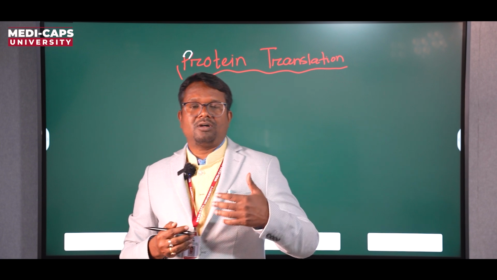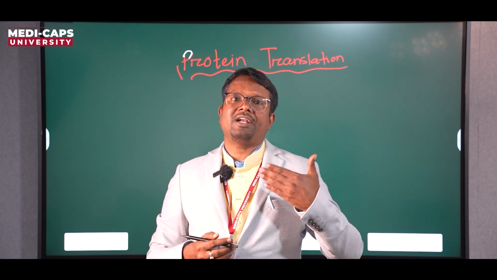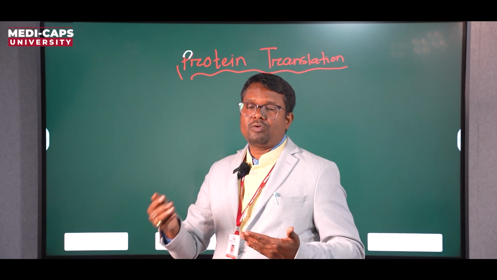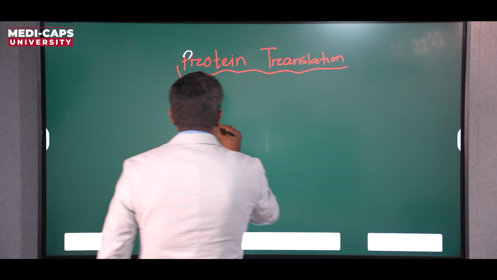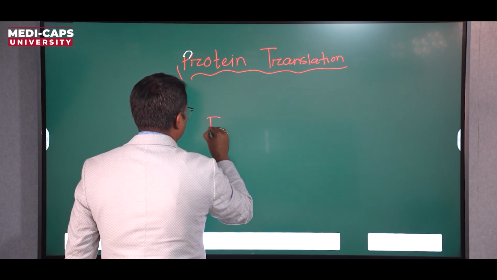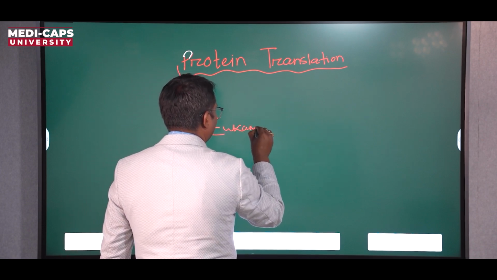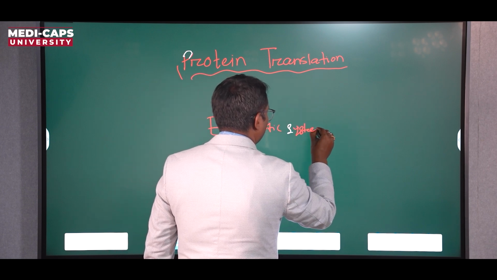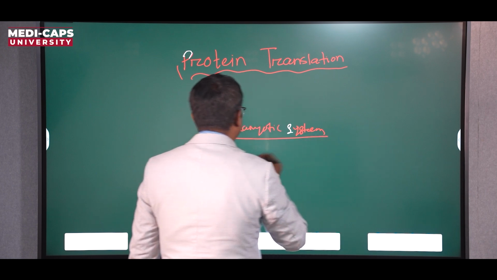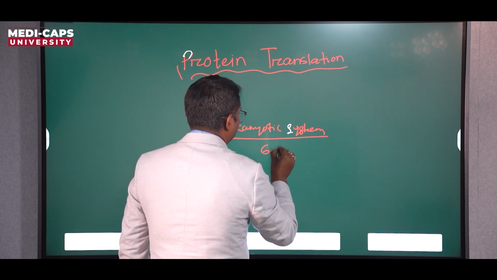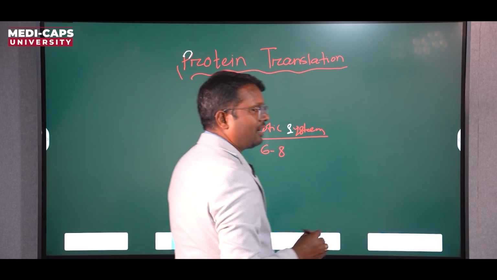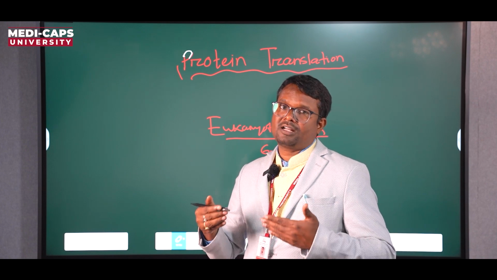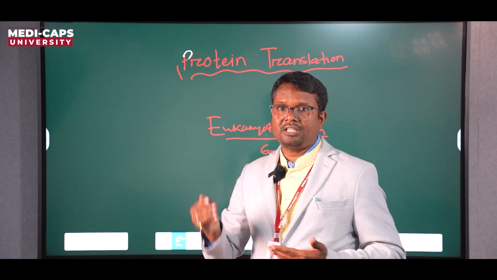The protein translation in the prokaryotic system is quite rapid compared to the eukaryotic system. So in the eukaryotic system, there will be 6 to 8 amino acids added during the protein translation event per second.